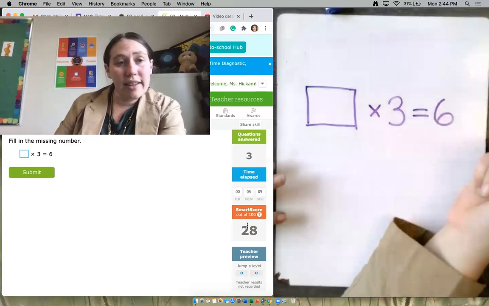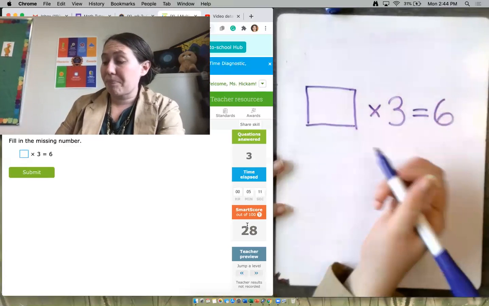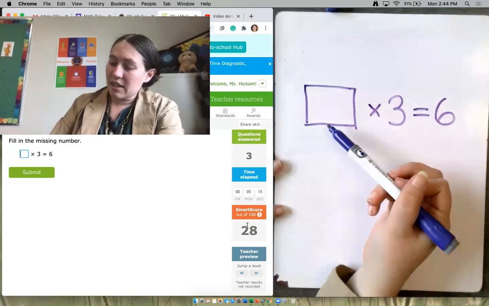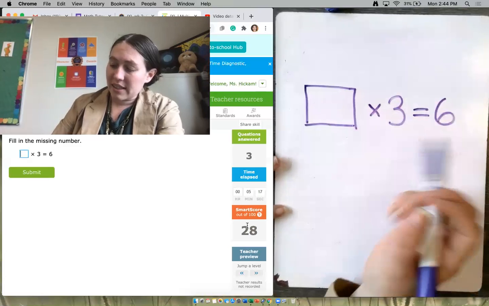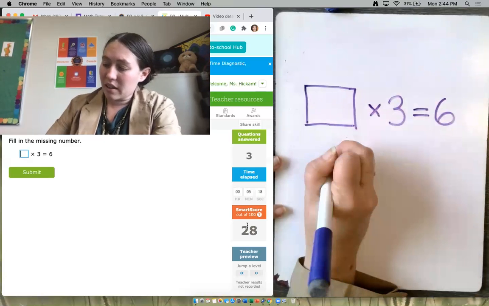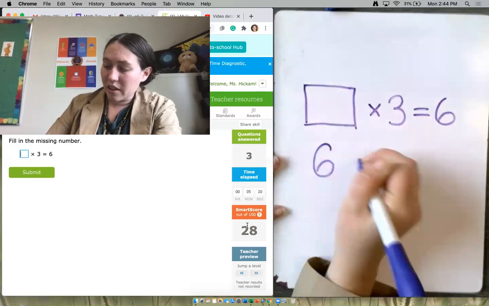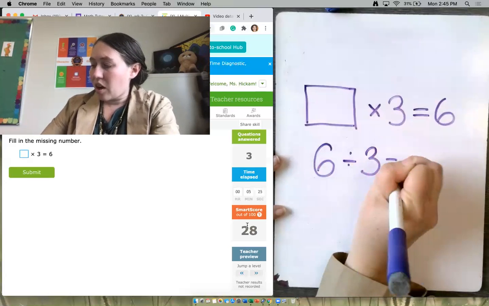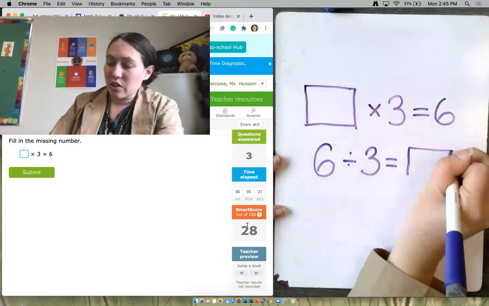I'm going to rewrite this as a division problem. So blank times 3 equals 6, which would be 6 divided by 3 equals what? What times 3 equals 6? 2.